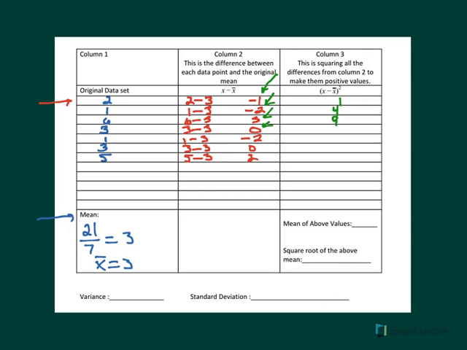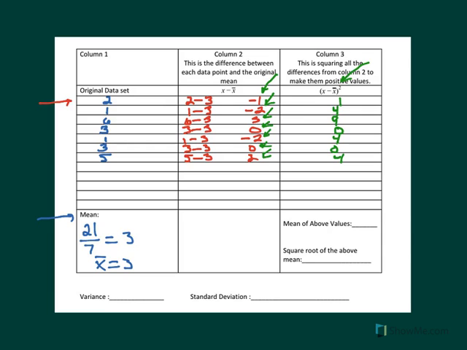And then 0 squared, which is 0. -2 squared, which is 4. 0 squared, which is 0. And then 2 squared should get us 4 again. And that is all the squares of the differences between the data point and the mean.